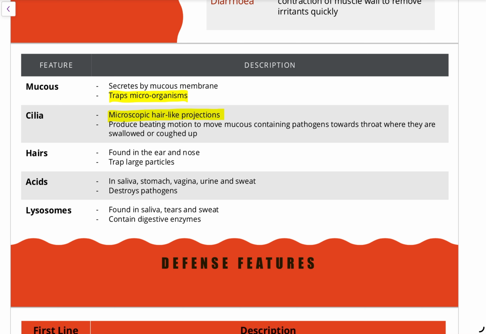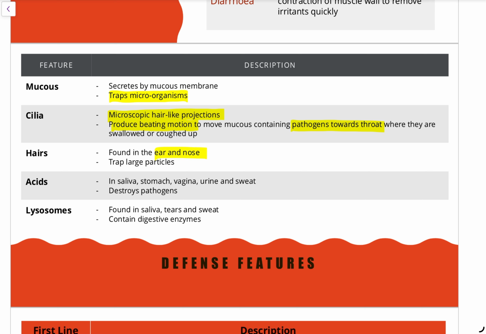These are hairs that beat. Think of something stuck in your throat: you're going to cough up some mucus. The mucus has trapped the microorganisms, but how do we get the mucus up? Well, we're using these hair-like projections, these cilia, that produce a beating motion, pushing the pathogens towards the throat, where we either end up swallowing them or we cough them up.